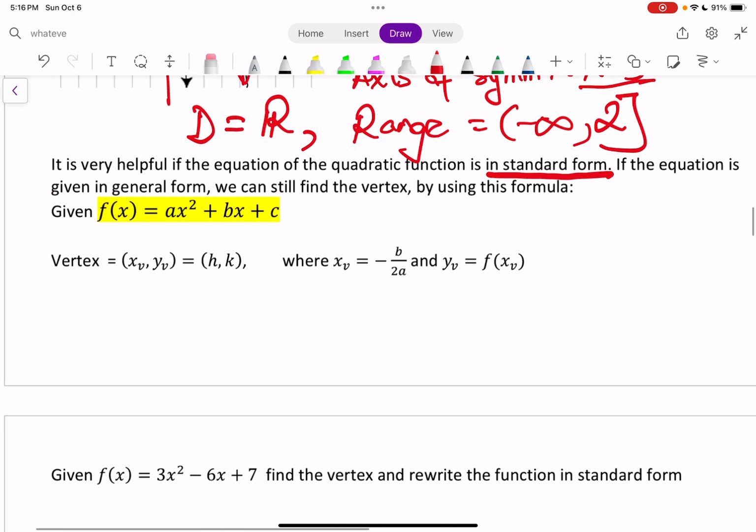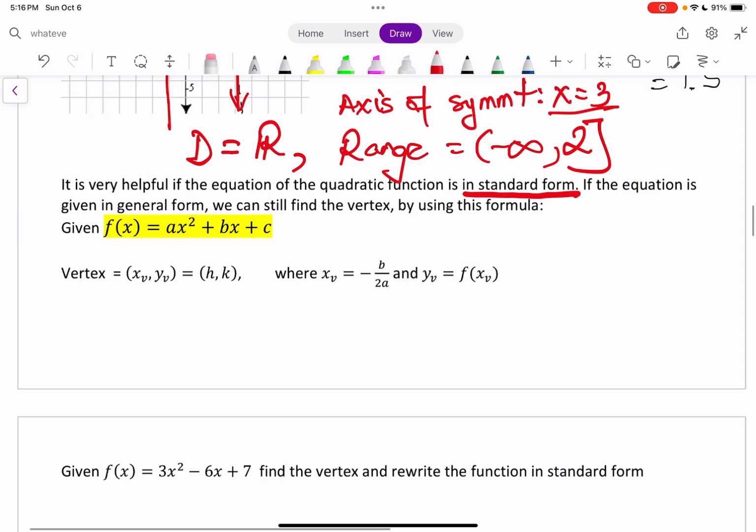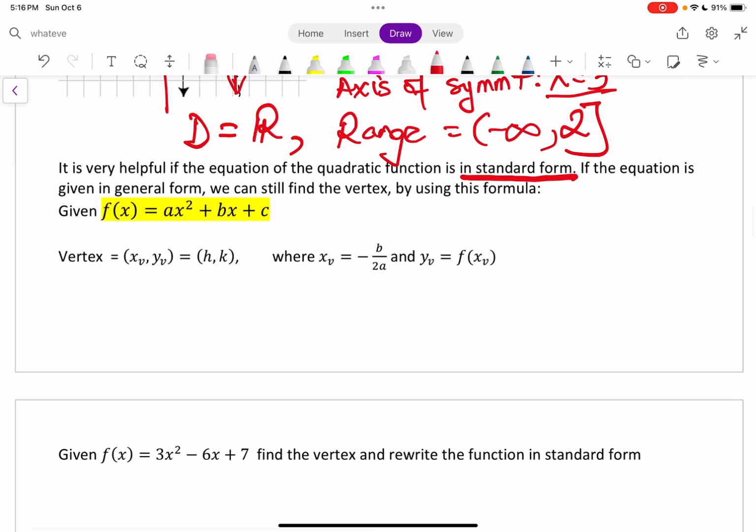Okay, so it is very helpful if the equation is in standard form because we would know the vertex. If the equation given is in general form, then we do not know what the vertex looks like, right? However, we can easily find it if we use this formula here.